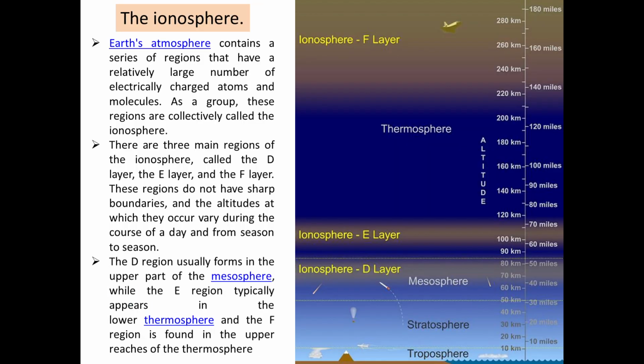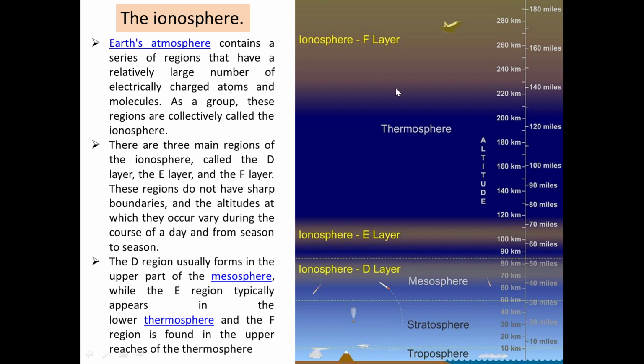You can see that there is the mesosphere, this is the D layer of the ionosphere, that is the E layer, which is present in the thermosphere, and the F layer, which is the upper part of the thermosphere. So actually, what is the ionosphere?